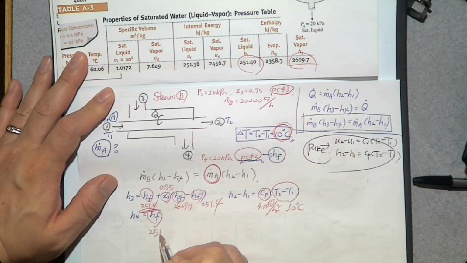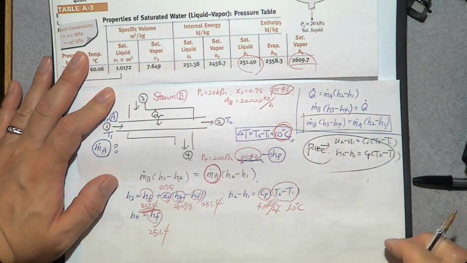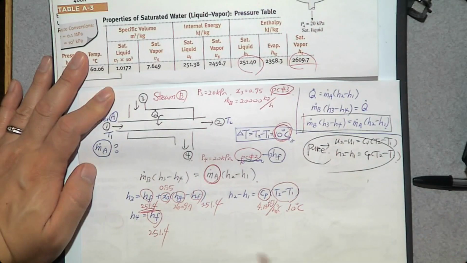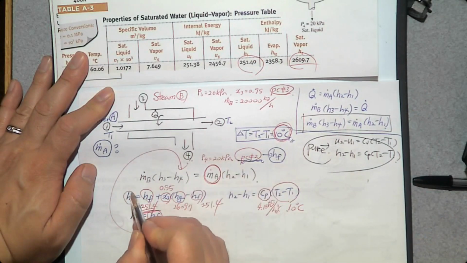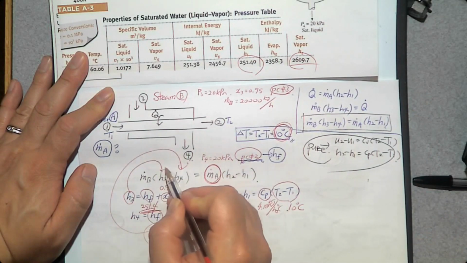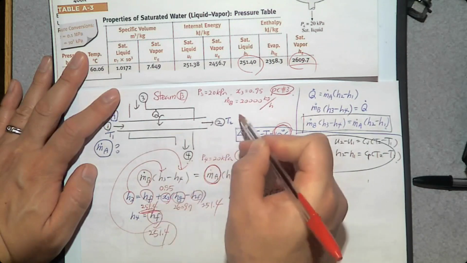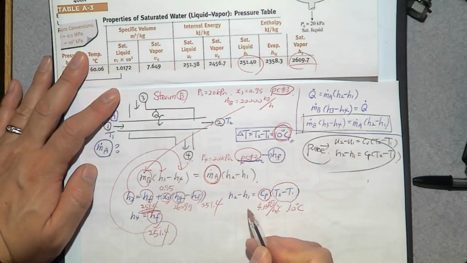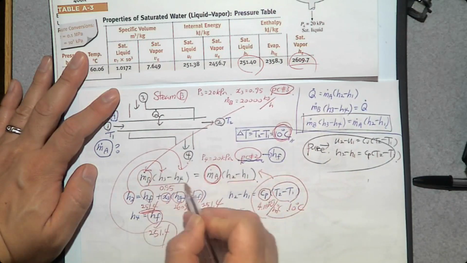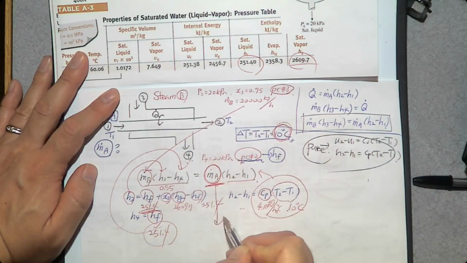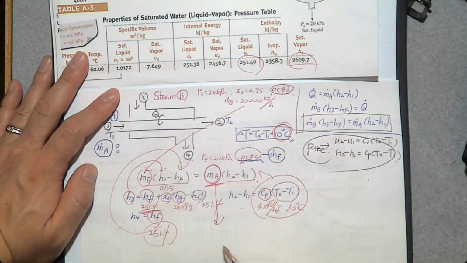The same thing, 251.4. Then when you calculate h3, it goes in here. What is m dot b? Here. And what is h2 minus h1? Here. So how many unknowns? Just one. Can you find m dot a? Yes. 297.8 kilogram per second.